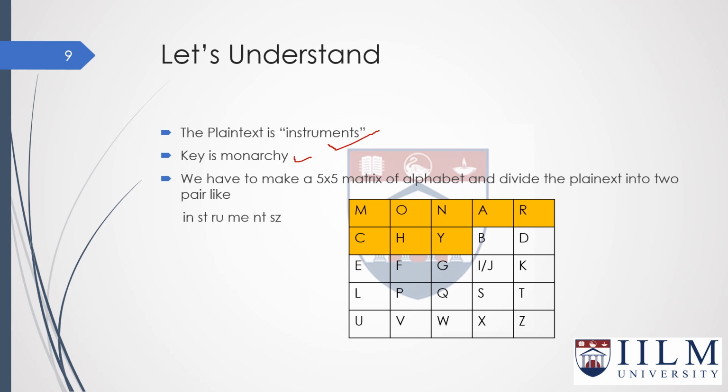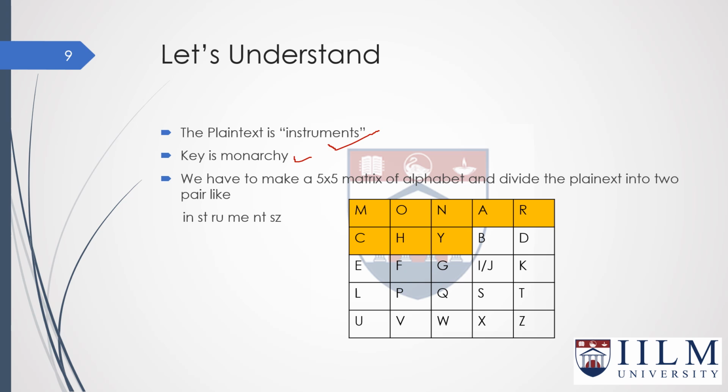So monarchy we have written here. Next B, C is already here. Next D, E, F, G, H is here. I and J we need to place in a single place as per Lord Playfair.